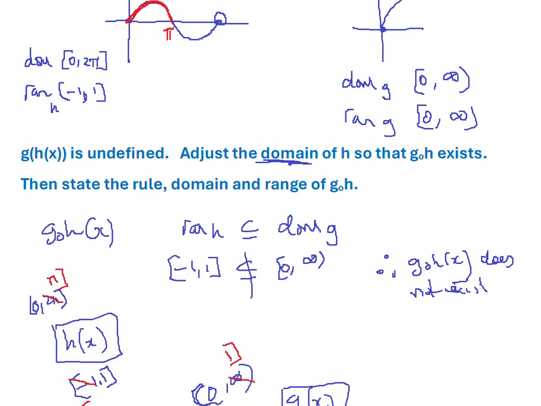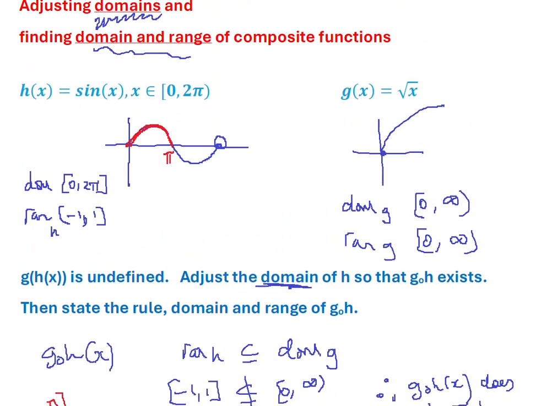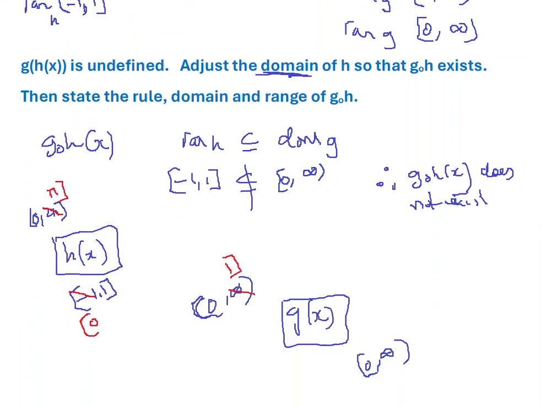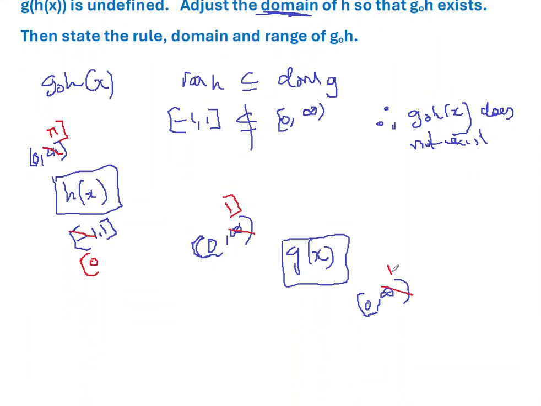And then the range of this will have to stop at 1, which means the x value would be 1. So the domain of g of h is the domain of h, which is 0 to pi.